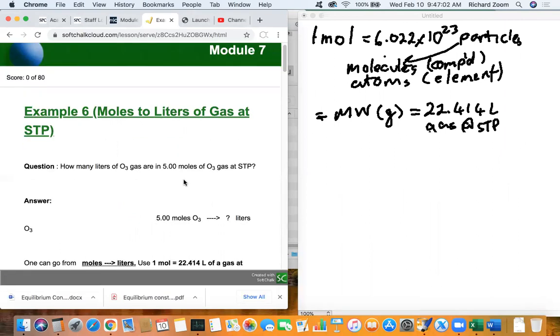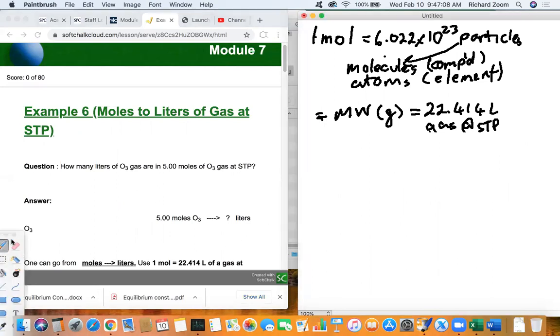Okay. We can also apply that to liters as well. So we've got 5.00 moles of O3. And we're interested in liters of a gas at STP, so liters of O3 goes on top. That's what we want. Moles of O3 goes on the bottom.